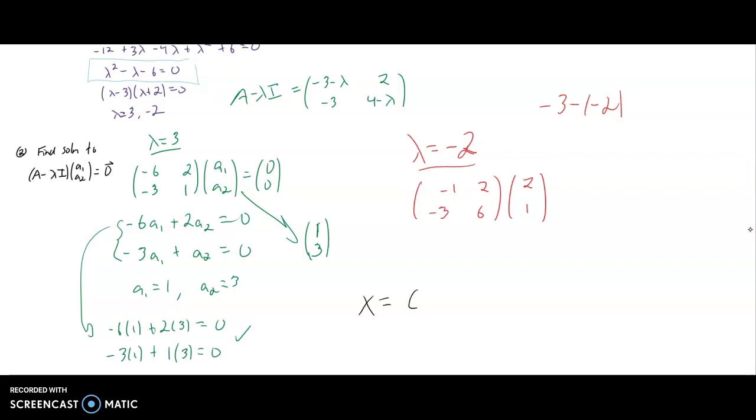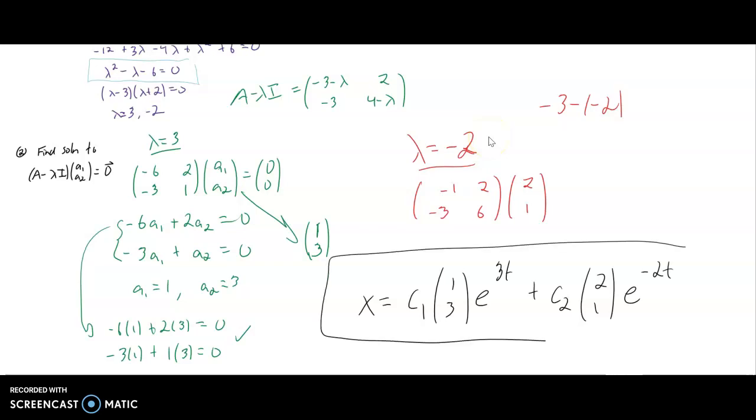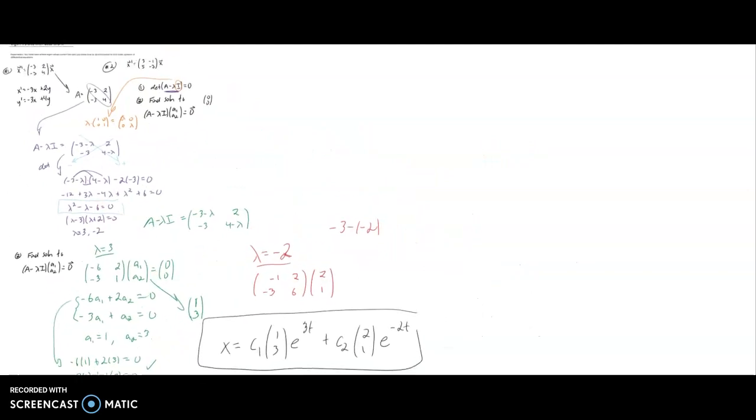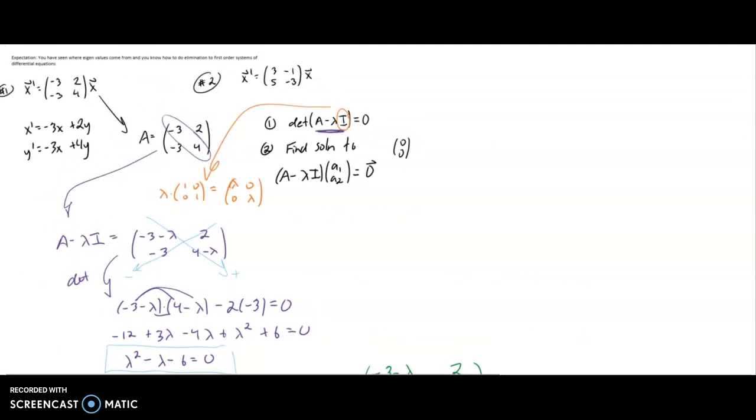X equals C1 times the vector 1, 3, times e to the 3t, plus C2 times the vector for the second one, which is 2, 1, times e to the -2t. And that is the same solution that you should have gotten having done elimination on this same problem up here.